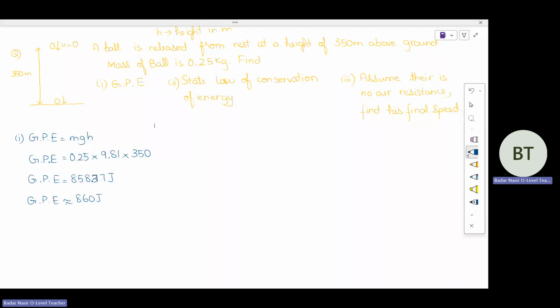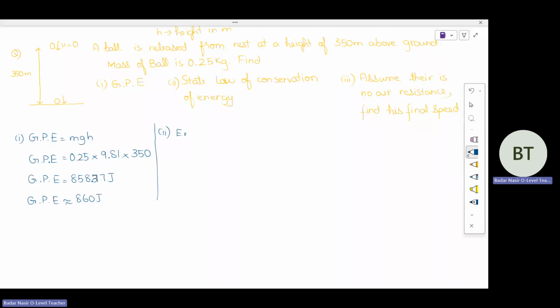Acha. Now for the second part, he is asking you to state the law of conservation of energy. Does anyone remember what the law of conservation of energy is? Yeah, energy is neither created nor destroyed, or it will convert from one form to another.